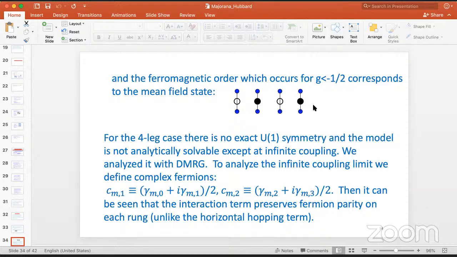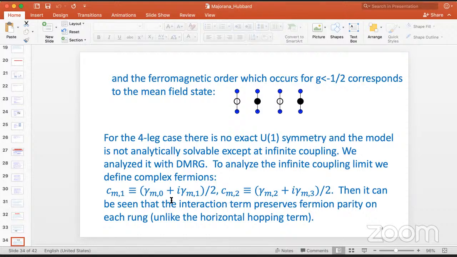Okay, so that's a confirmation of our mean field based on an exact mapping for the 2-leg ladder into a spin chain. For the 4-leg case, things get more complicated. The model is not analytically solvable except at infinite coupling, so we analyzed it with DMRG. To analyze the infinite coupling limit, we define complex fermions.